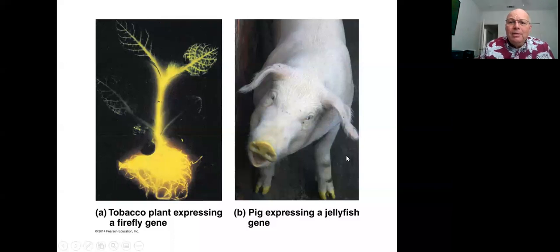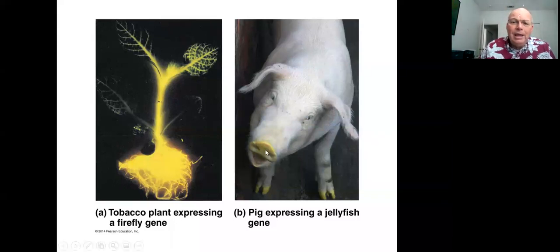This pig contains a protein called green fluorescent protein, otherwise known as GFP. It comes from a deep water jellyfish, and it's used as a marker gene by genetic engineers to indicate that the piece of DNA that contains the genes that they're interested in has actually been inserted, because the presence of the green glow indicates that the gene for GFP has gone in, and so by extension, the whole segment of DNA has been inserted.